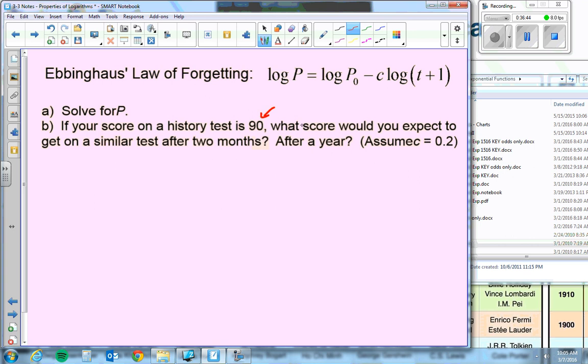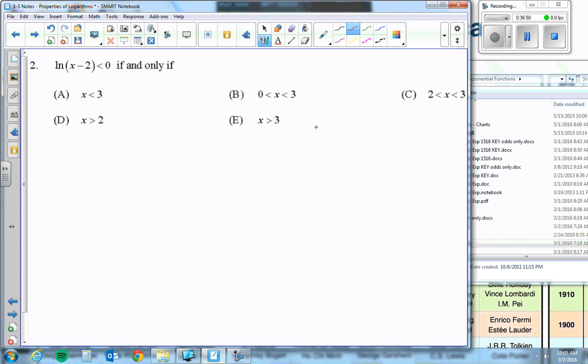Then after 2 months, this will predict how well you know it, or after a year, how well you know it. So, sorry, I wasn't going to actually. We're not going to do the example. I was kind of cool. I do want to see if you can figure this out, though. So I'll give you a while. Think it through.